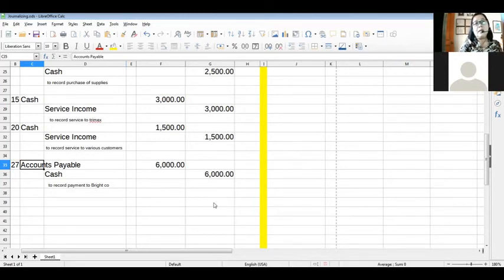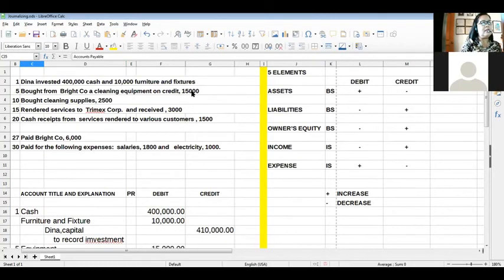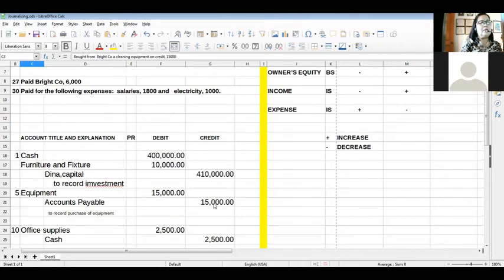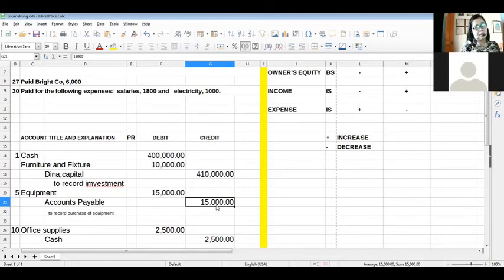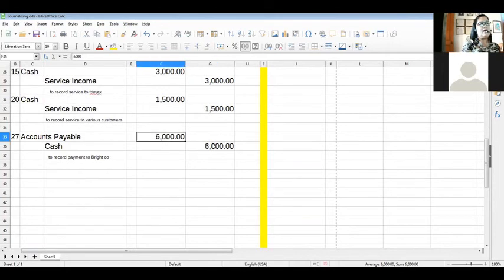Nabawasan kasi binayaran na siya. Nung una, meron tayong utang na 15,000 kay Bright Company, kaya si accounts payable natin ay naka-credit. Binayaran natin siya, so, ibig sabihin, yung ating accounts payable ay mababawasan. At kapag nababawasan si accounts payable, nilalagay siya sa debit. Kasi sabi ni liabilities, kapag nababawasan siya ay dinidebit. At ang accounts payable is under liabilities.